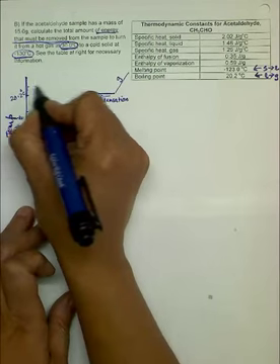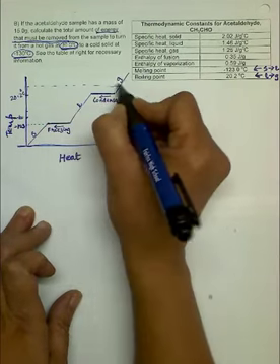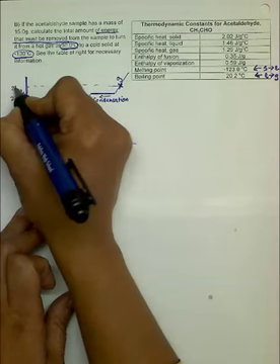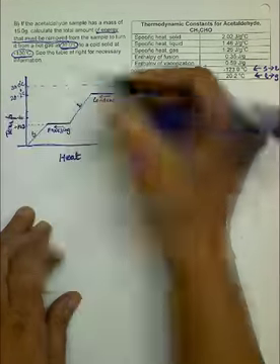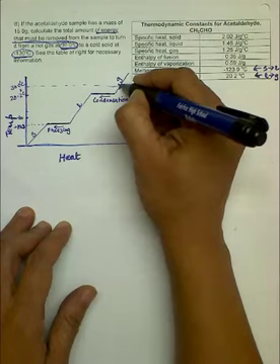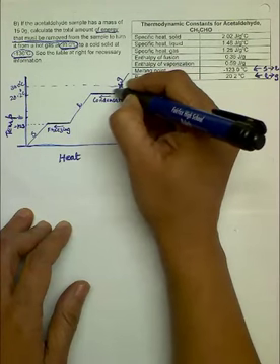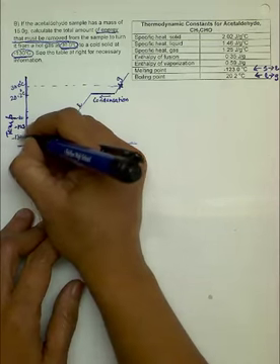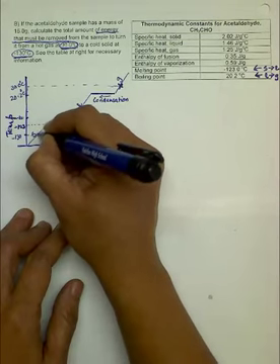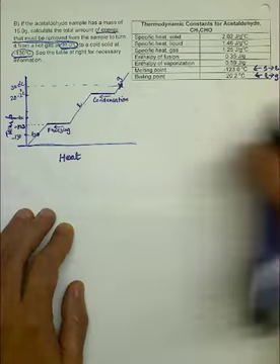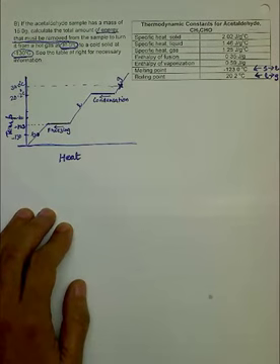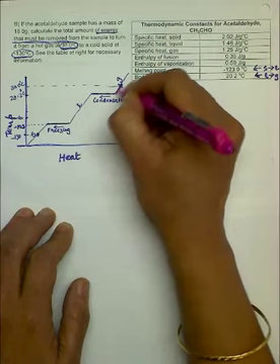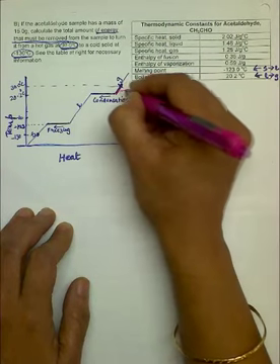So I'm just going to say that that starting point is my 30 degrees Celsius at which the substance is a gas, and now it's cooling down and it's coming down to a negative 130 degrees Celsius when it is becoming a solid. So now if you actually look at the graph, the substance is undergoing 5 different changes.